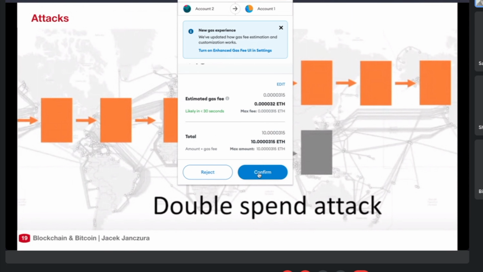Confirming means I sign this transaction with my private key, and I send it to the network, the peer-to-peer network. I send it to the peers, who are miners, who have enough power to run these algorithms to verify my transaction and add it. Whoever adds my transaction gets the transaction fee.